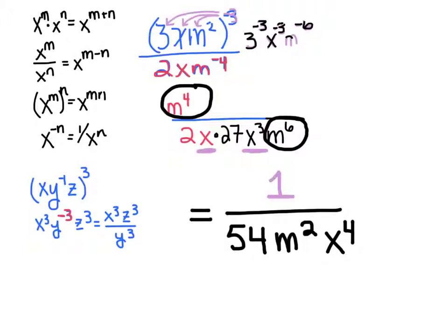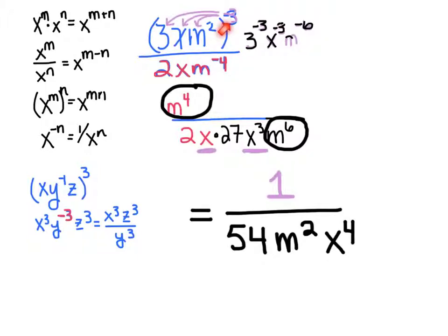And so anyway, the most common things are, when you look right here, the m is to the negative 4, but the 2 is not, so the m moves, but the 2 doesn't. When you look at the top, because of the parentheses, everything is taken to the negative 3 power.